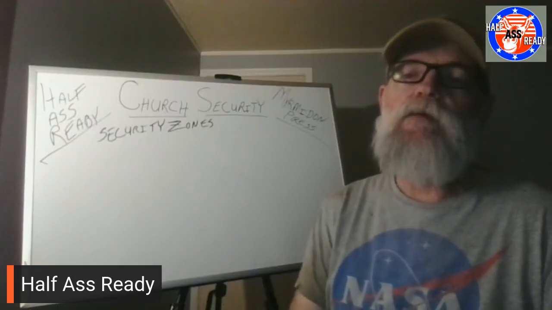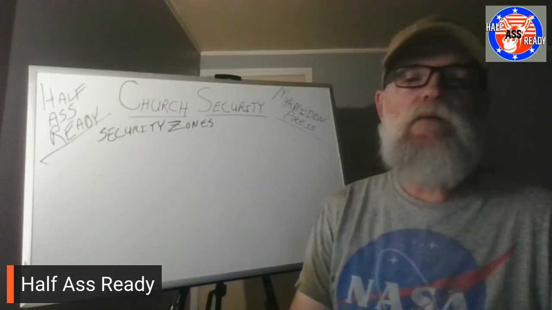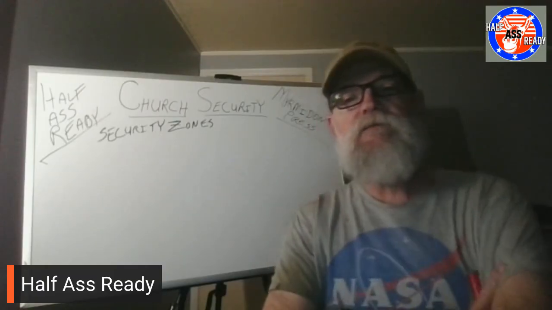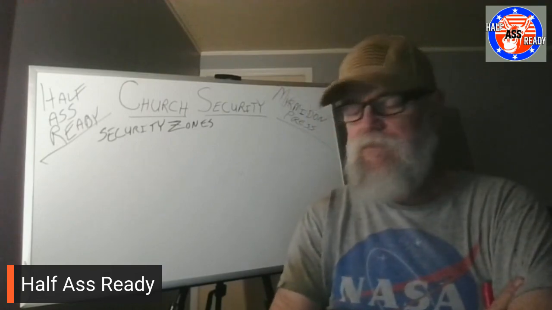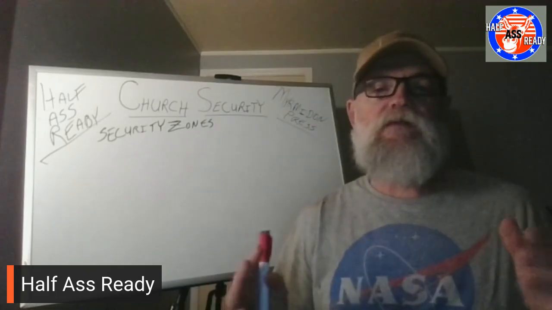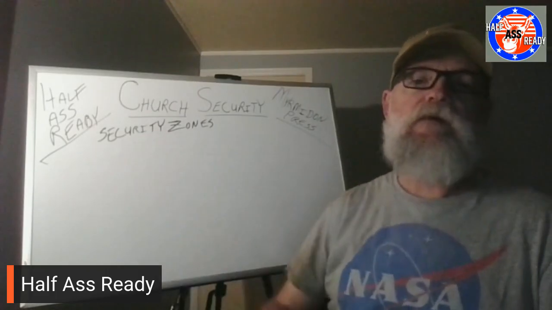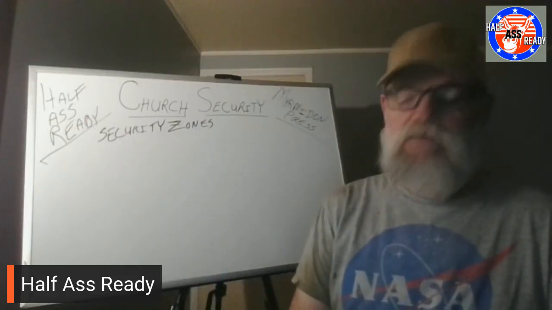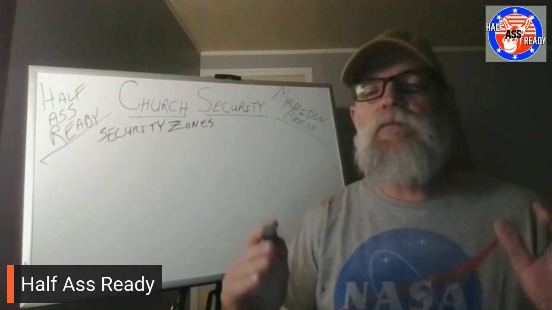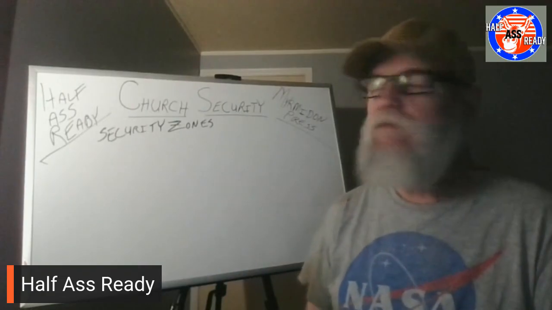Okay, so when you make your security assessment of your place of worship, you're going to set up these security zones. Okay, so you want to set them up by priority.